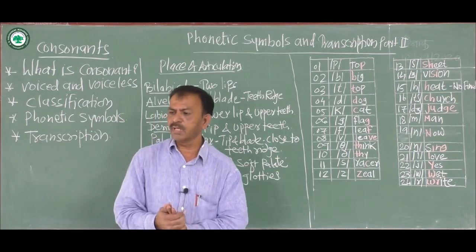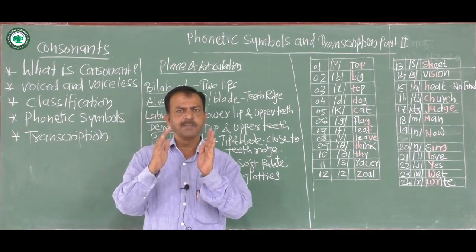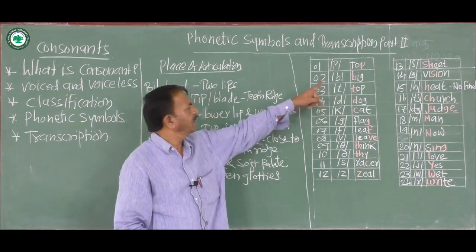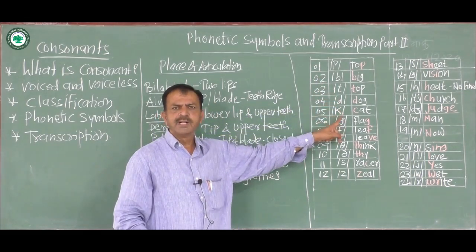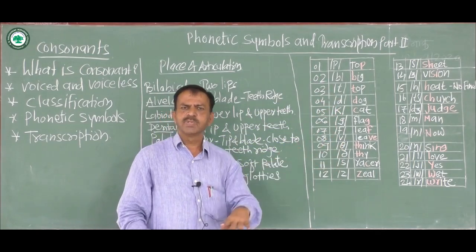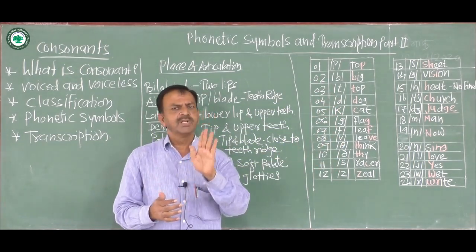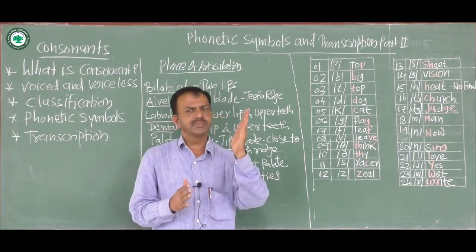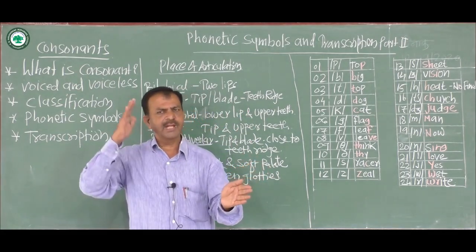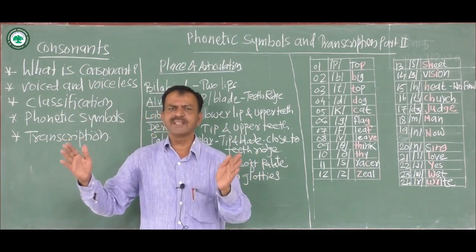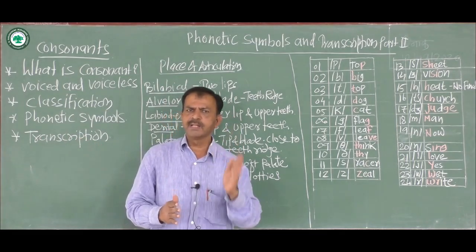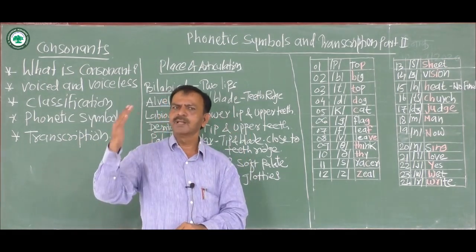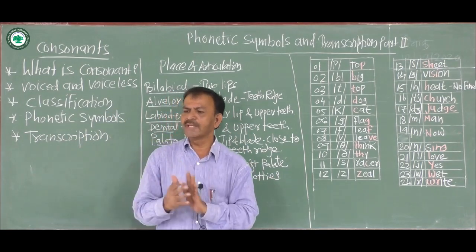There are 6 plosive sounds in British RP, and they are P, B, T, D, K and G. Among these 6, 3 are voiced sounds and the remaining 3 are voiceless sounds. P, T, K are voiceless sounds, while B, D, G are voiced sounds.